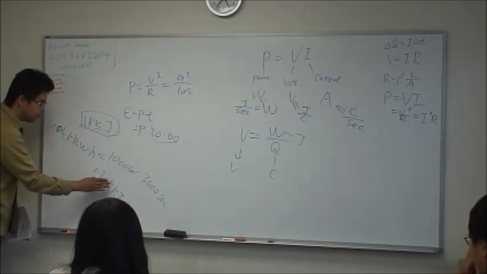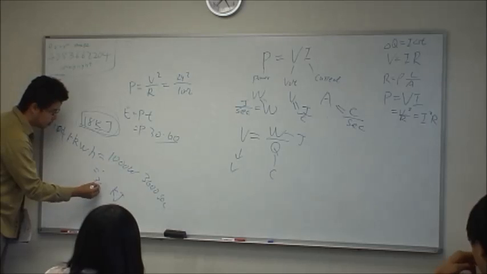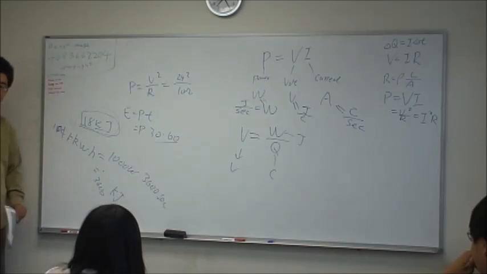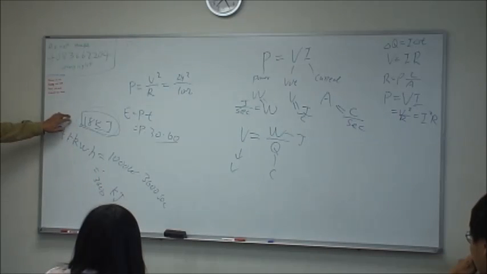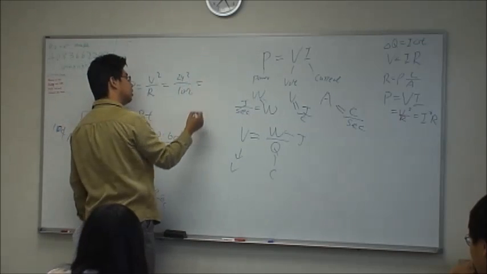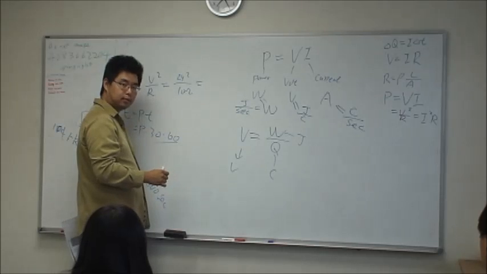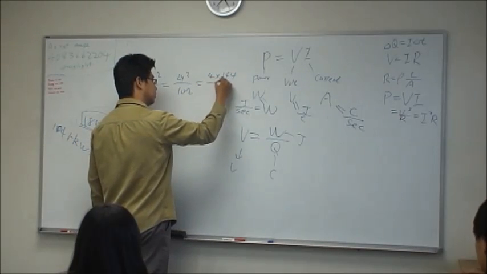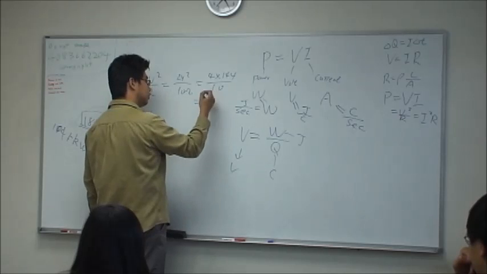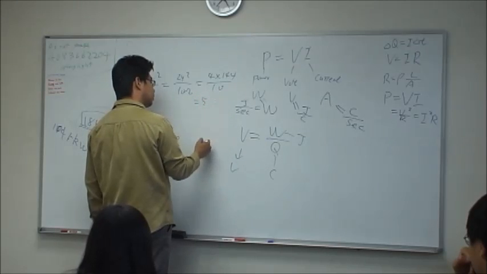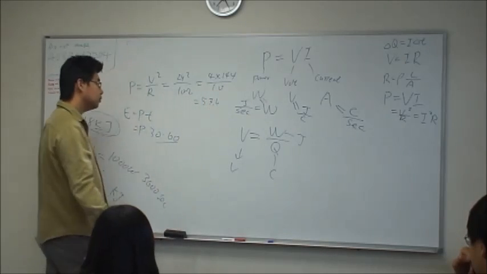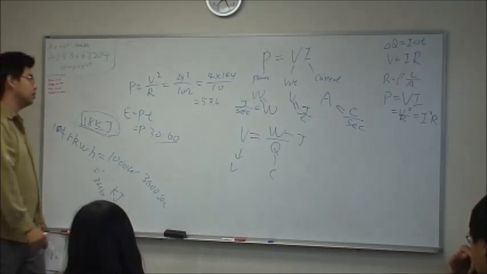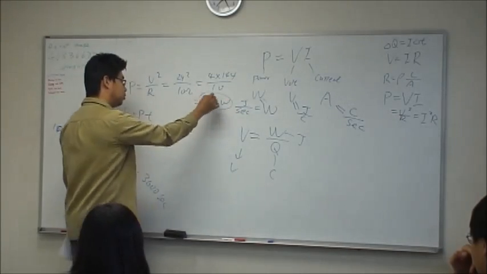If I do this one, it's about 200 times bigger. This one is a 10 ohm resistor at 24 volts, let me do a quick calculation here. 24 squared is what? Something like that. Tell me if I'm wrong, but roughly that.